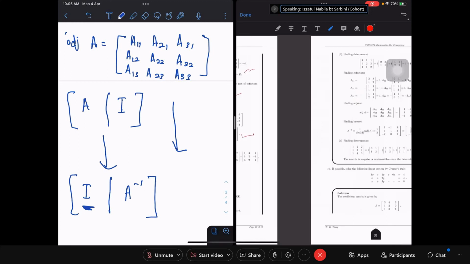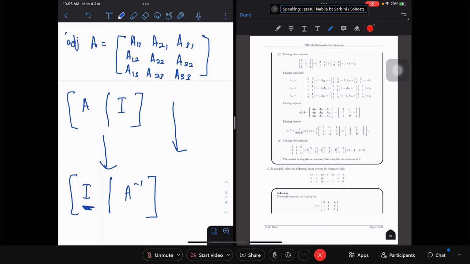Okay, and for D, it's the same. You need to find the determinant first, and then the cofactors, and then arrange all the cofactors in a transpose manner. You get this, and then you substitute into the formula for inverse, and then you get the inverse, alright? And for E, the determinant is already 0, so you just stop there. You don't have to calculate the cofactors anymore.